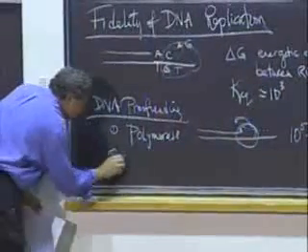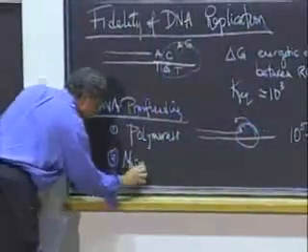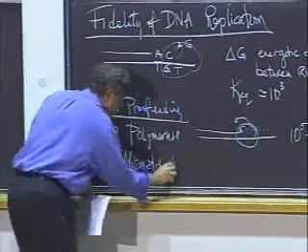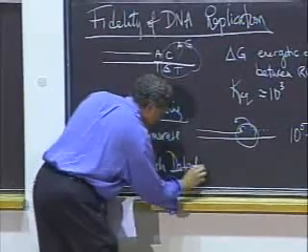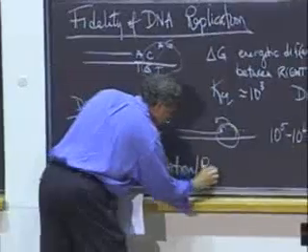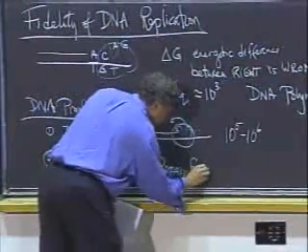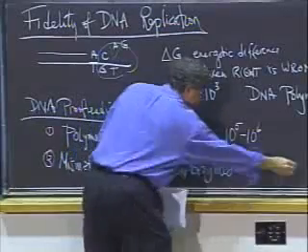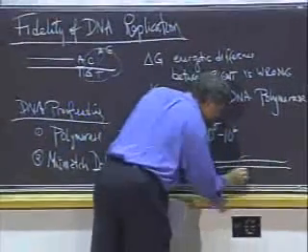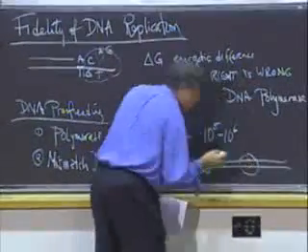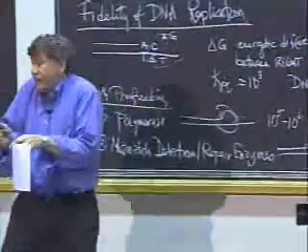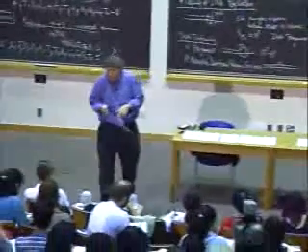Then it turns out that there are mismatch detection and repair enzymes. They come along after DNA polymerase has done its job, and they feel along the DNA for any mismatches. Mismatches are going to create funny structures. They're going to bulge in some way.